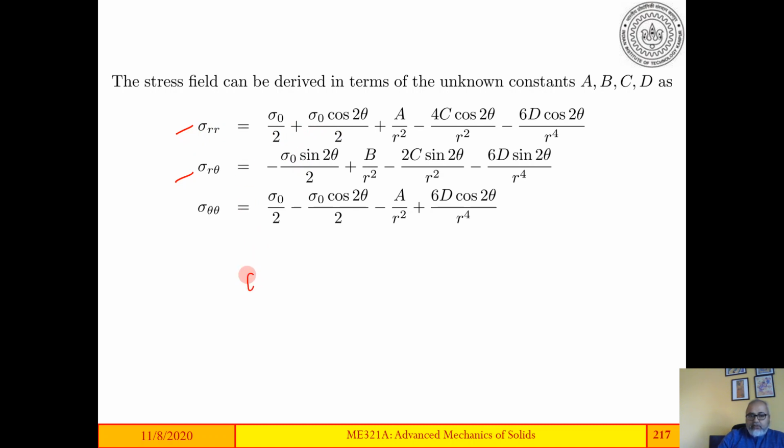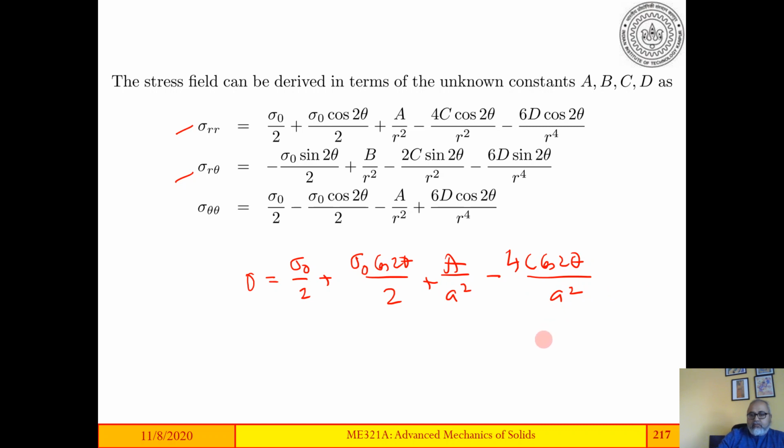For example, 0 equal to sigma naught by 2 plus sigma naught cos 2 theta by 2 plus A by... So this requires that the constant terms are 0, so the sum of this and this is 0.